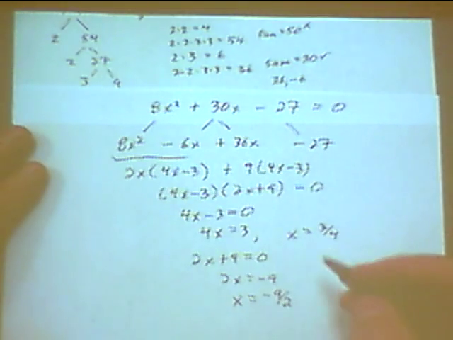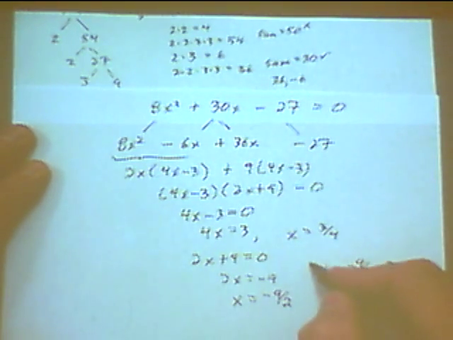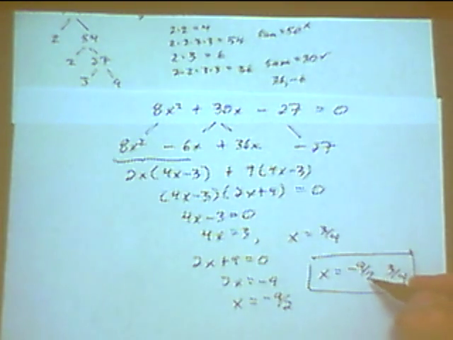So now my two solutions are negative 9/2 and 3/4. It would be pretty painful, but I could plug those back into the original equation and see that they are, in fact, solutions.